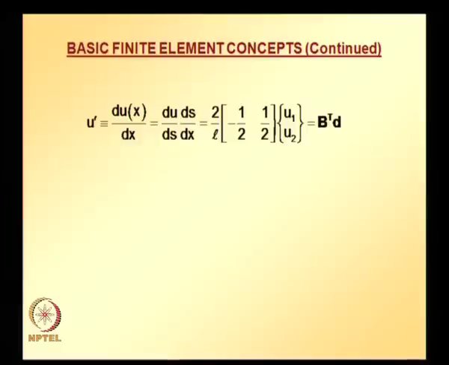B relates the strain like quantity. I cannot say whether u is strain or not, because we still do not know what physical quantity u represents, but if it represents displacement, then derivative of u with respect to x represents strain. So the strain like quantity is related to displacements via the B matrix.